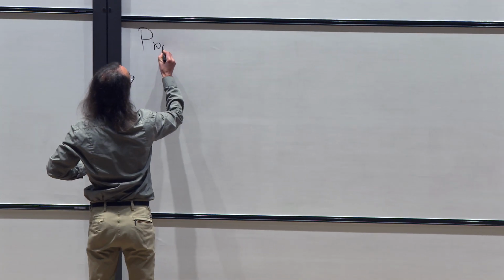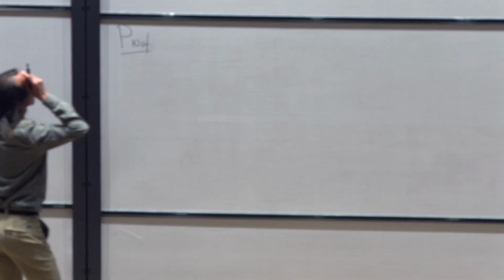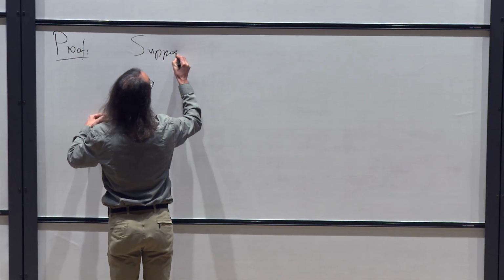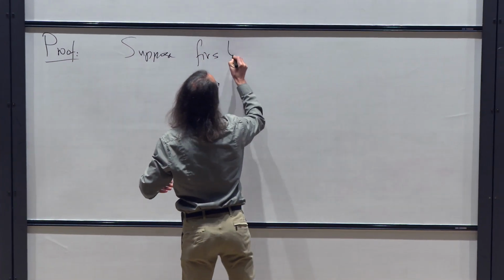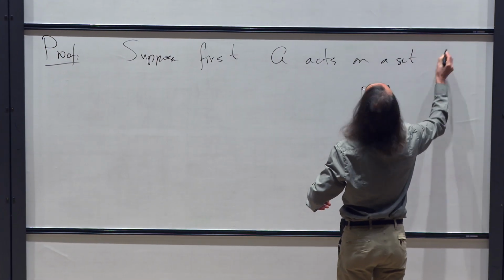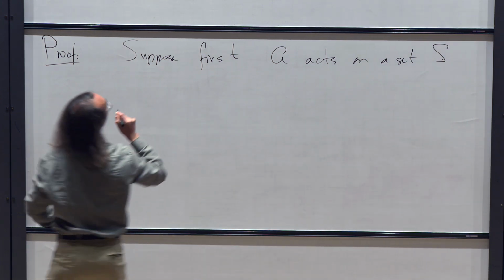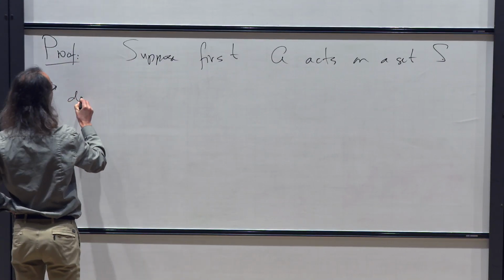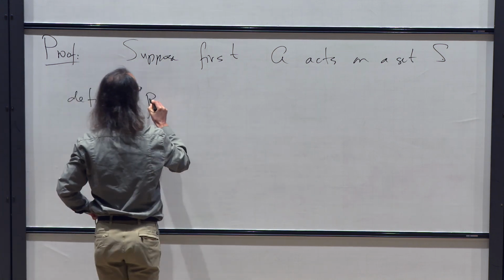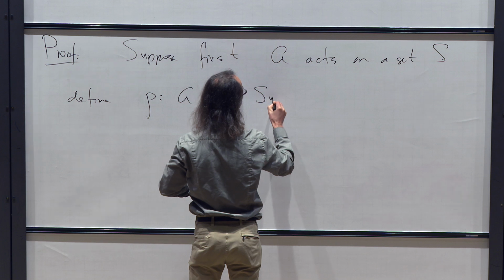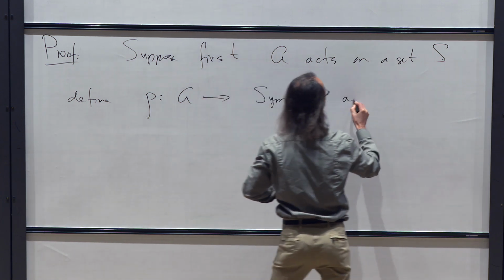Proof. Okay. Suppose that we have an action. So we have to prove two things, yeah? Suppose first we have an action. G acts on a set S, and define rho as above.